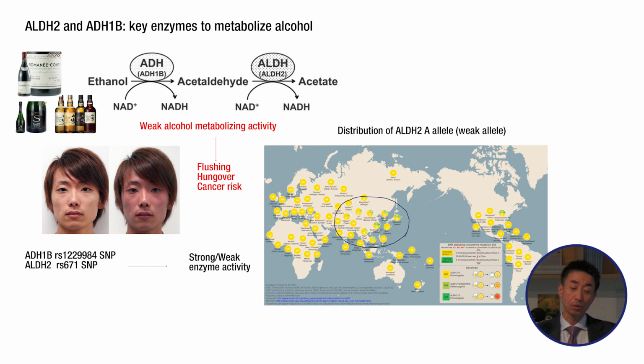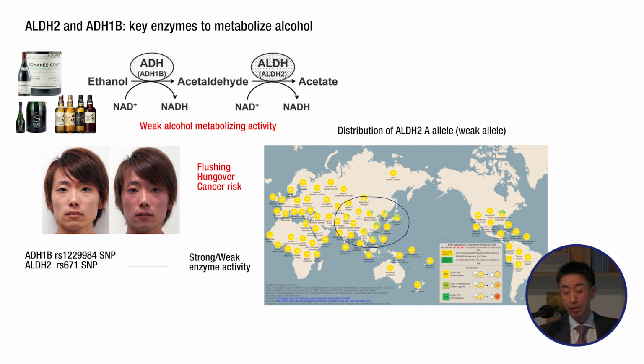As you know, there are two enzymes which metabolize alcohol: ethanol is metabolized to acetaldehyde and then to acetate. Germline variants of these two genes are associated with how we metabolize alcohol. Interestingly, the weak allele, which does not work very well at metabolizing alcohol, is more frequently detected in East Asian populations.